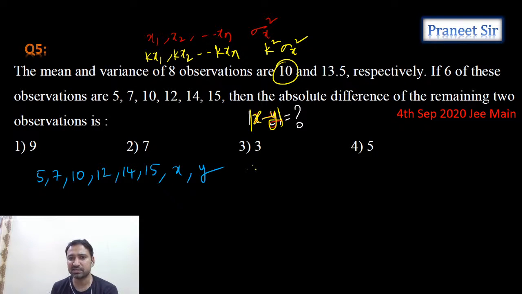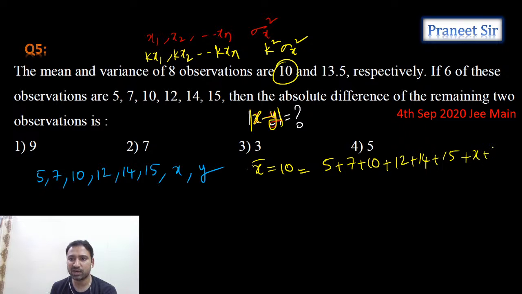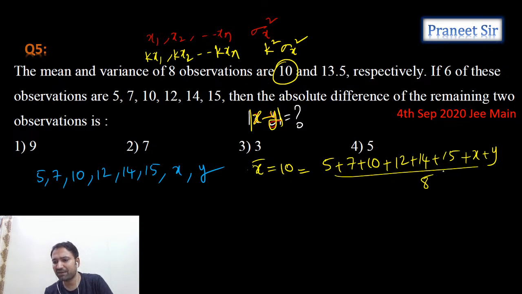But what is mean, guys? X bar is equal to 10, which is equal to sum of the observations by total number of observations only. 5 plus 7 plus 10 plus 12 plus 14 plus 15 plus x plus y by 8. Average only, yes, exactly. So now from this, can I calculate x plus y?